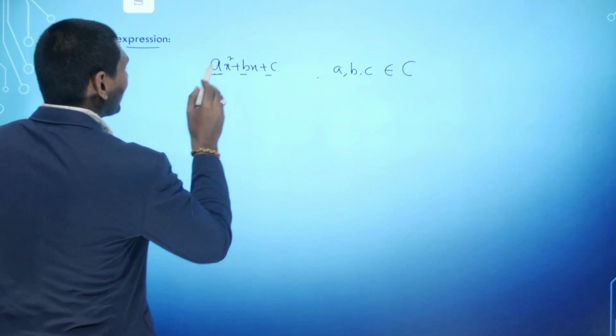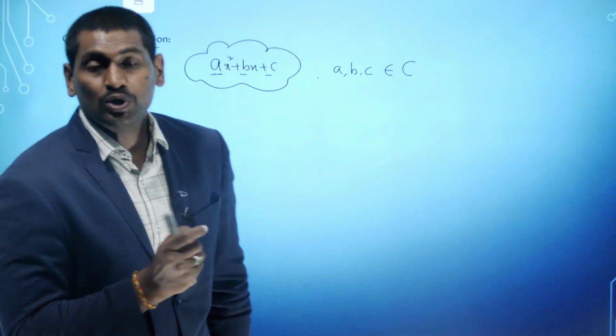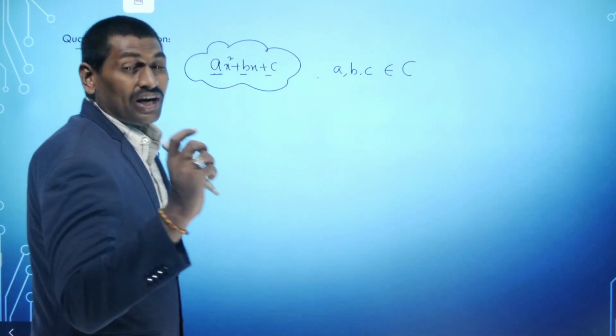An expression whose degree is 2 is called a quadratic expression.